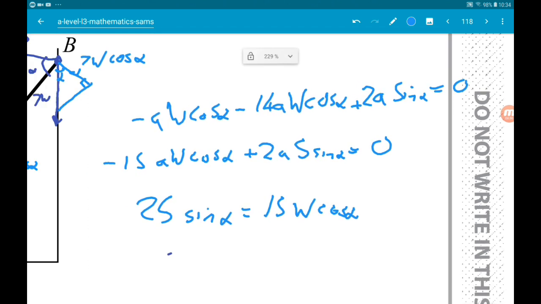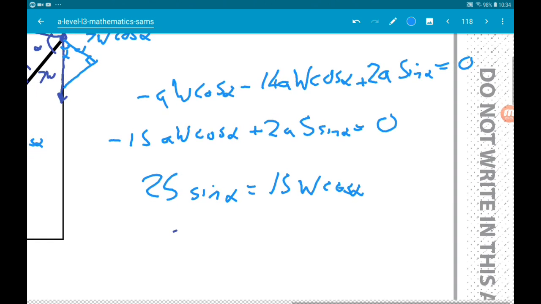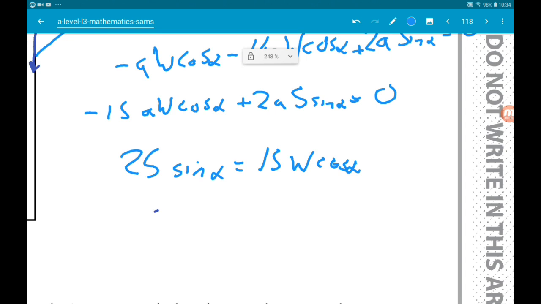Now, because we know alpha is not equal to 90, we can divide through by cos alpha. So we get 2S tan alpha is equal to 15W.